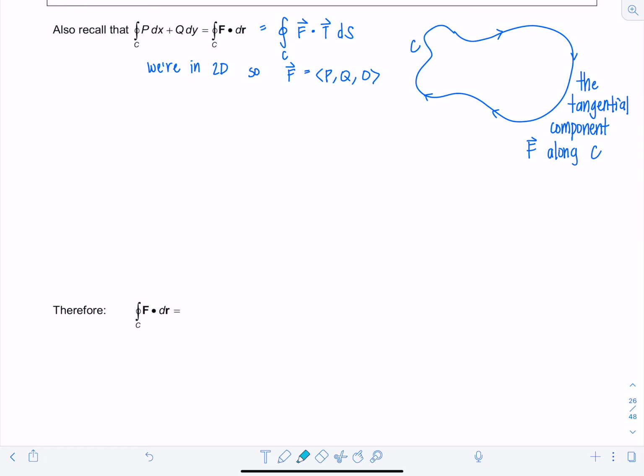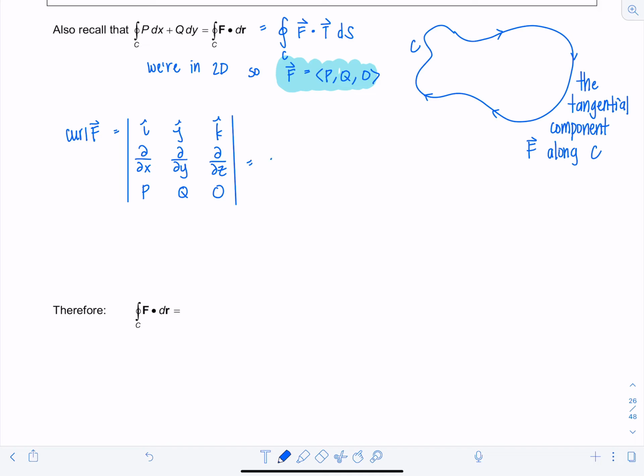Okay, well, let's take the curl of F. And right now I'm working with F that has components P, Q, and 0. So the curl of F is going to be, the last row is P, Q, 0, and then I have del X, del Y, del Z, I hat, J hat, K hat.